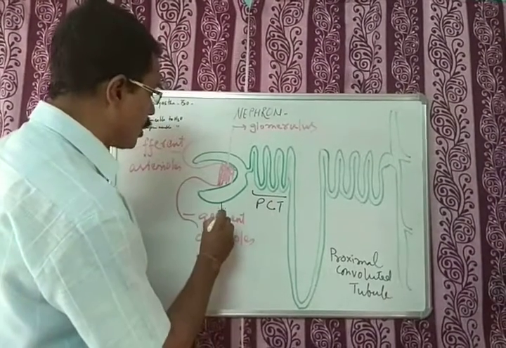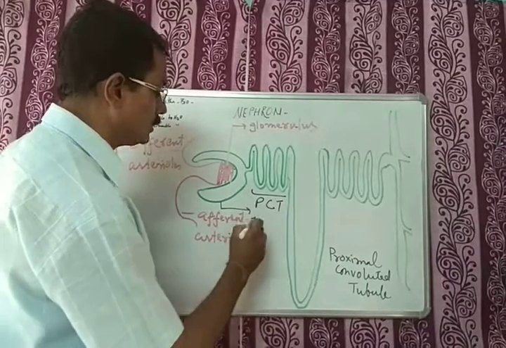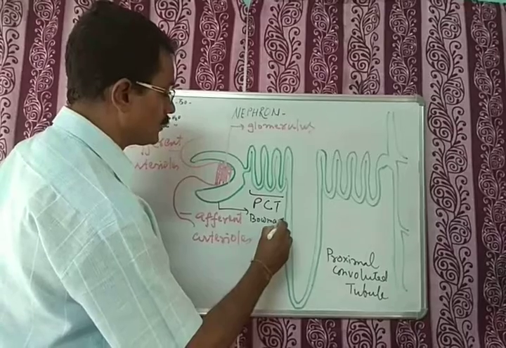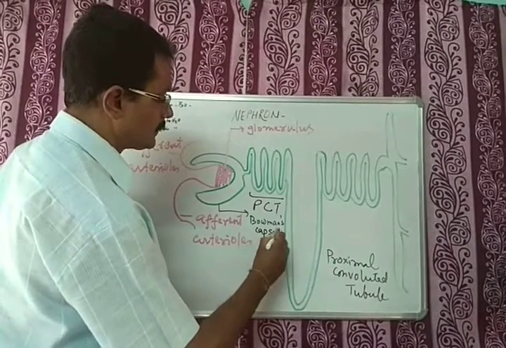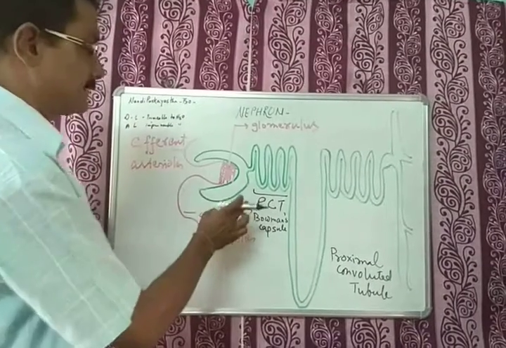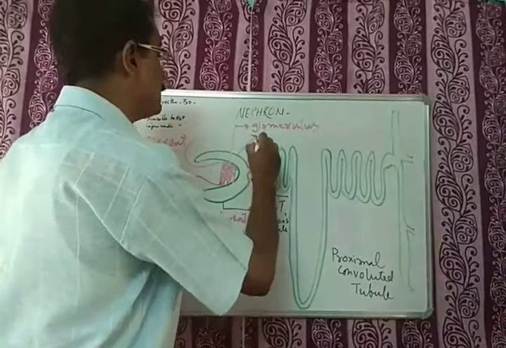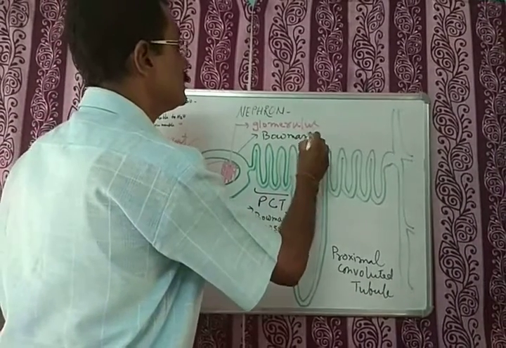This is called the Bowman's capsule. Now this Bowman's capsule and glomerulus, so two things I am telling. Here I will put the Bowman's capsule.